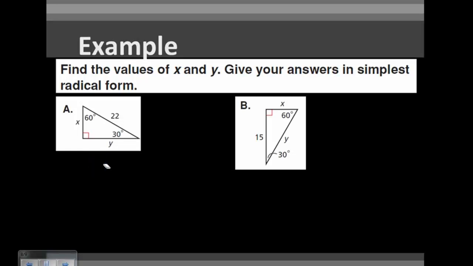Actually, I think there's an easier way to write this. If we call this guy x, then we know that this guy is 2x, and we know that this one is x root 3.